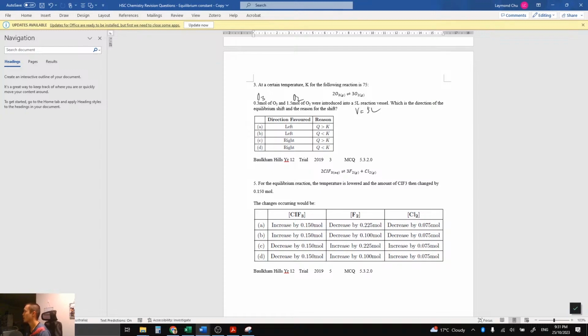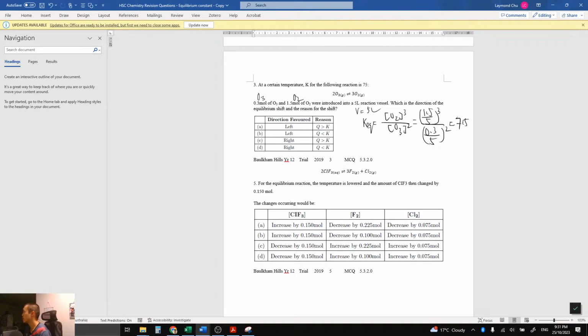Okay, so I'm going to do this all in the one equation again. So this will be O2 cubed over O3 squared. Our O2 is 1.5 over 5 cubed over 0.3 over 5 squared. So what does that equal? That is 7.5.